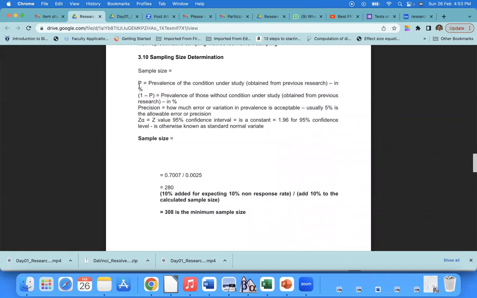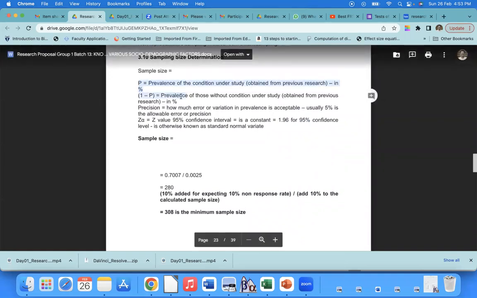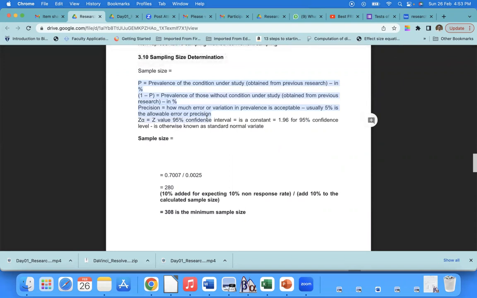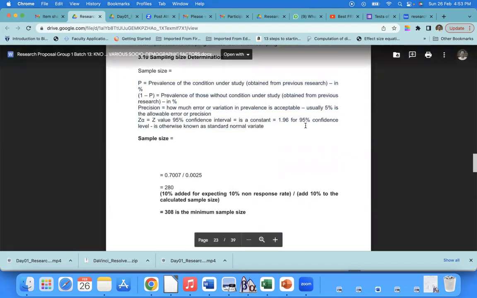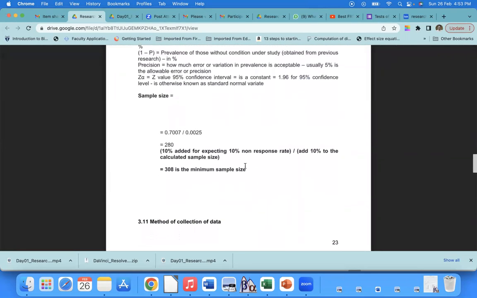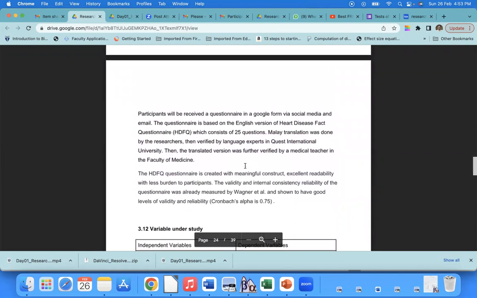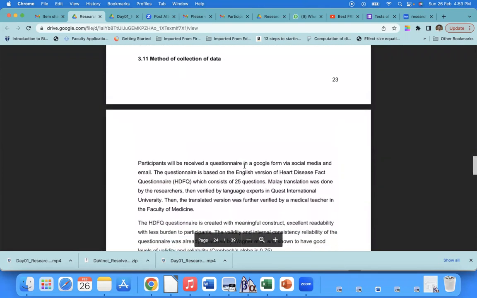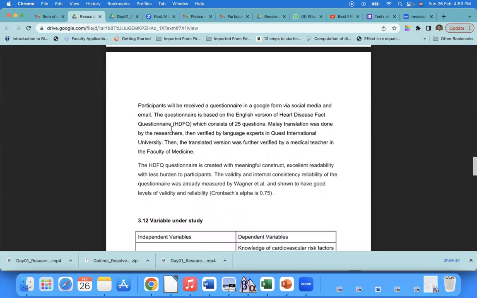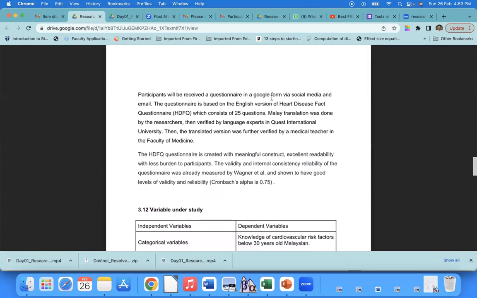Sample size: P is the prevalence of the condition under study, and 1 minus P is the prevalence of those without the condition under study. Precision is 5% in this calculation. So they calculated the sample size. About the method of collection of data, they mentioned participants will be receiving, that's a grammar mistake, a questionnaire in Google form via social media and email.